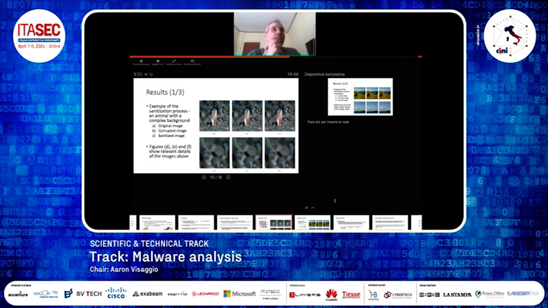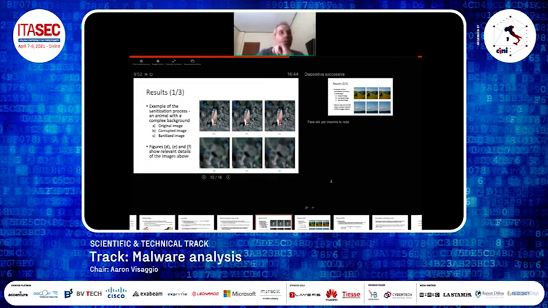In particular, we have an image depicting an animal with a complex background. We can see that our solution makes the script unreadable and simultaneously restores the quality of the image.